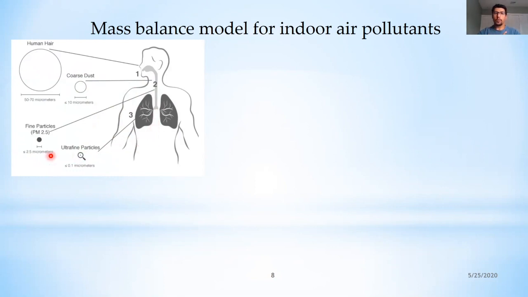PM2.5, particulate matter 2.5, refers to particles with a diameter of 2.5 micrometers or less. Ultrafine particles are 1 micrometer. We have regulations for PM2.5. We do not have any regulations for PM1, 1 micrometer or less, because these are really hard to measure.